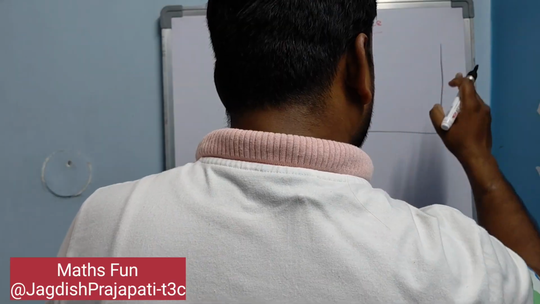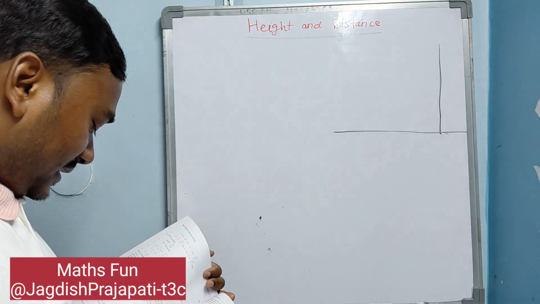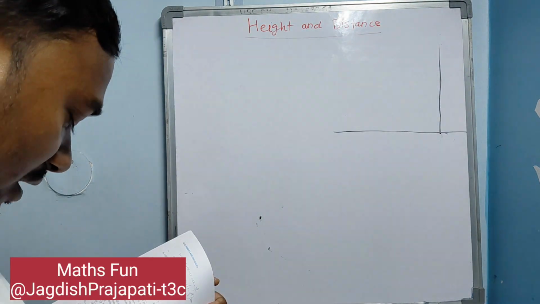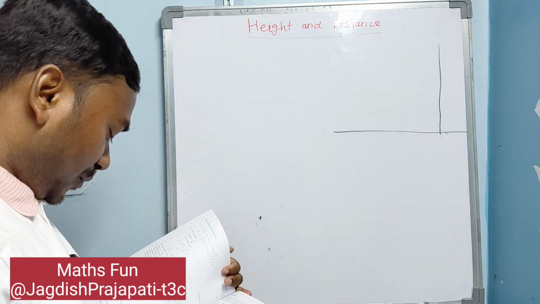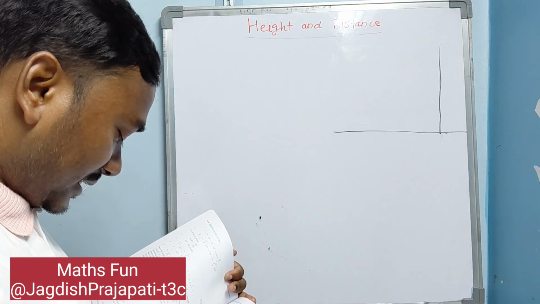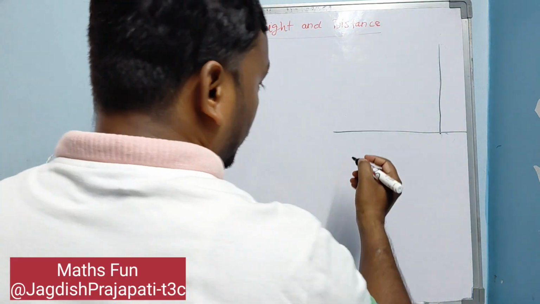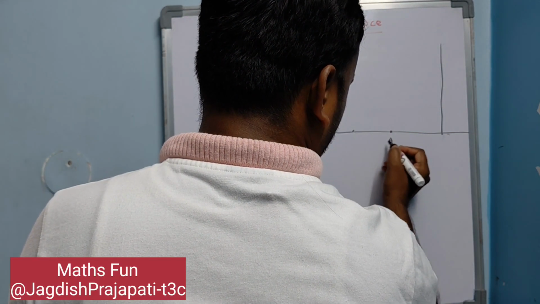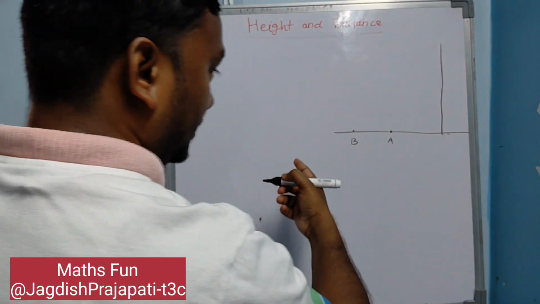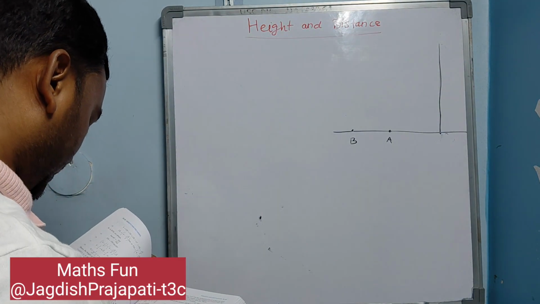Let's say this is a tower. Since it is mentioned A and B points, that is why we can't take A and B. 2 points A and B are on the same side of the tower. Now 2 points A and B, this is A and B, are on the same side of the tower.